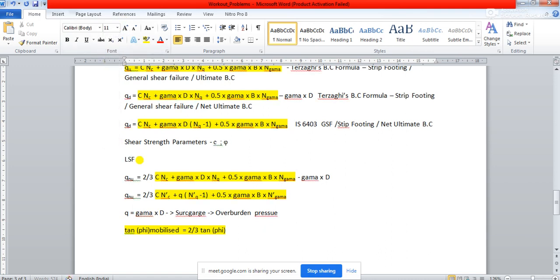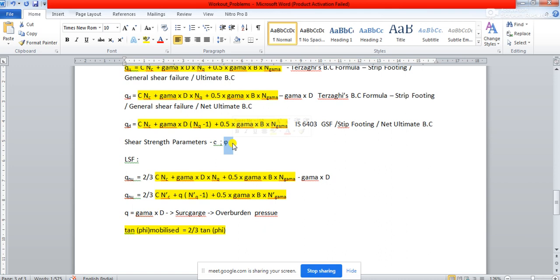So for local shear failure, if you want to calculate, what has Terzaghi said? Terzaghi has said you change this C and phi to its mobilized value, right? And what is mobilized value?